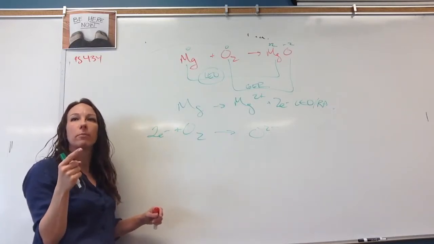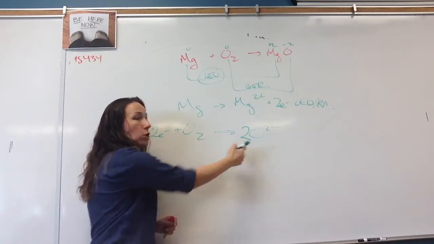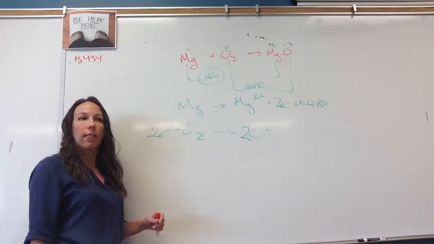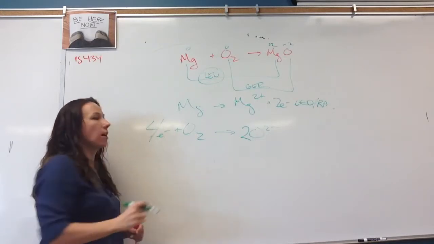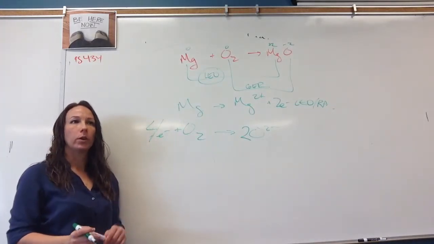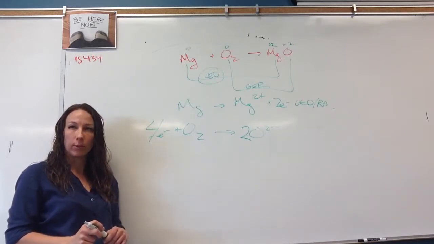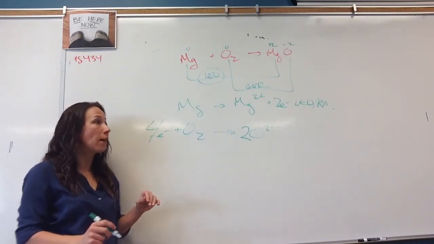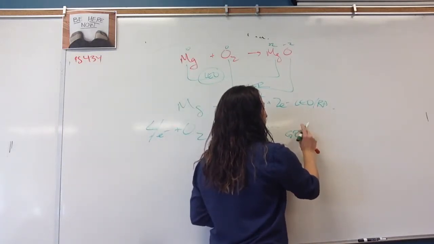And each of them gained 2 electrons. So actually I'm going to form 2 O2-, and I have 4 electrons gained in total now, not just the 2. Everybody okay with that?